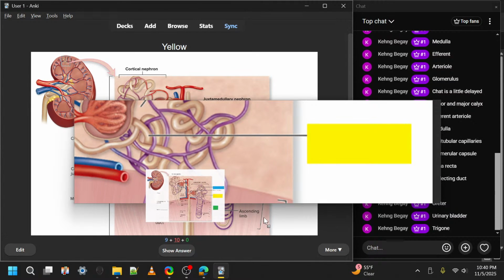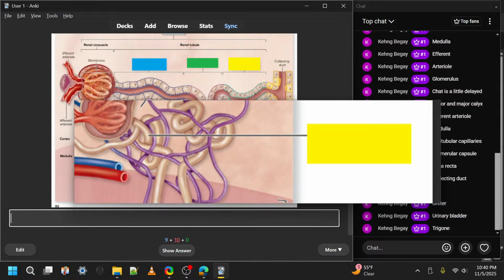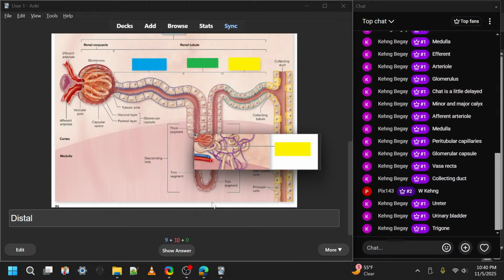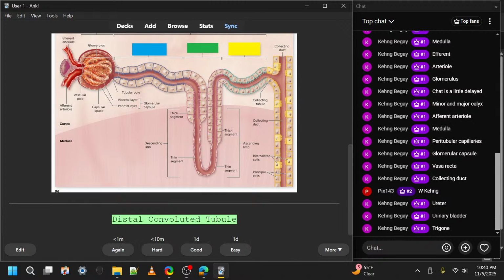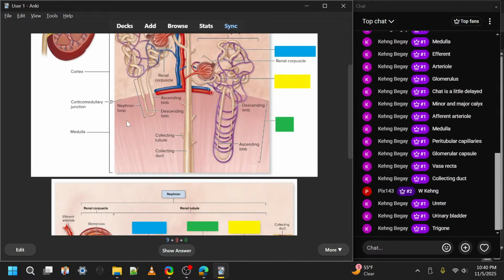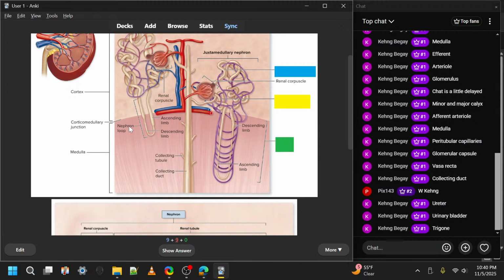So the yellow is the distal convoluted tubule. Nice. And what is the green?